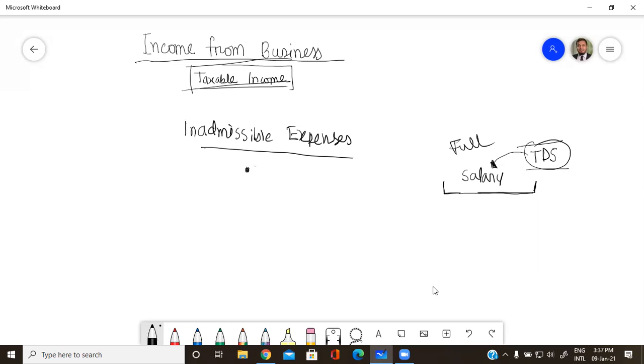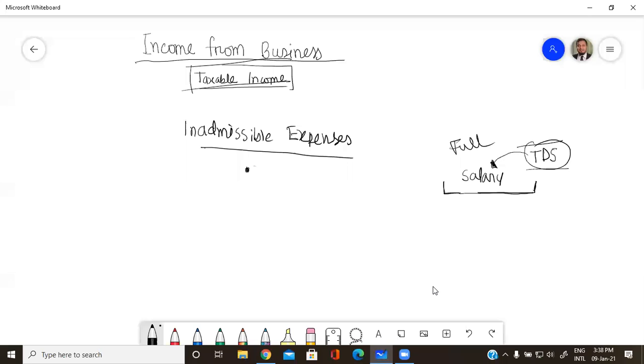Okay. Now, say as a part of your business activity, you make a payment that requires TDS, related to something other than salary. Say there is a person who is a contractor, an agent doing some works on behalf of you.